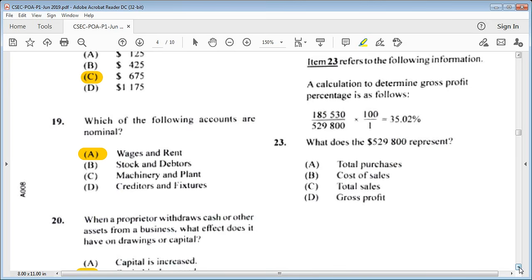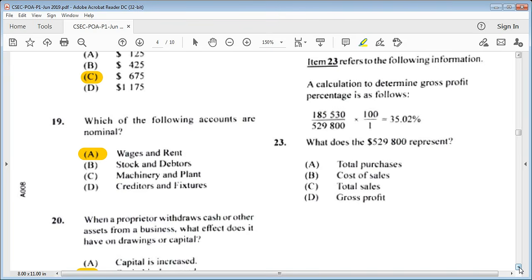Item 23 refers to the following information. A calculation to determine gross profit percentage is as follows: 185,530 divided by 529,800 multiplied by 100 over 1 equals 35.02%.